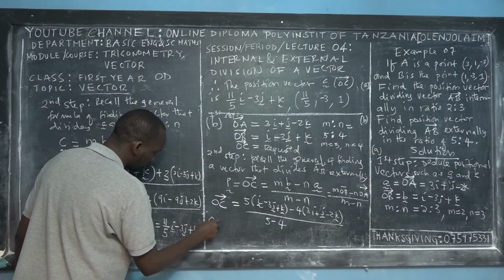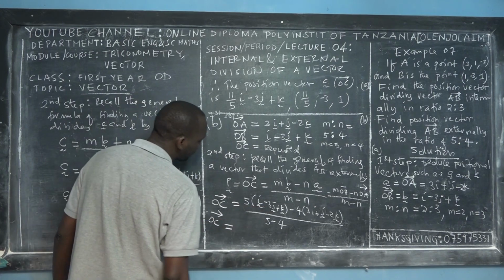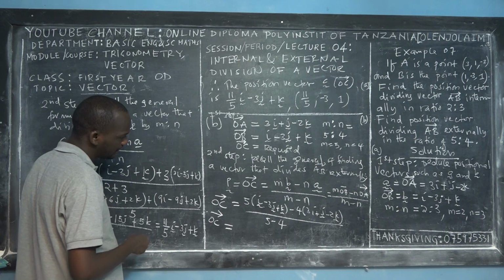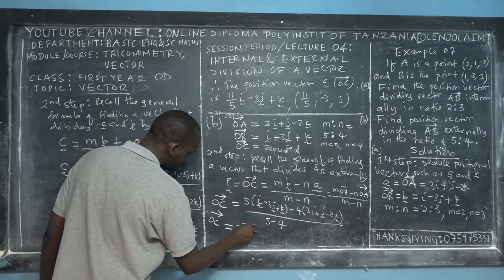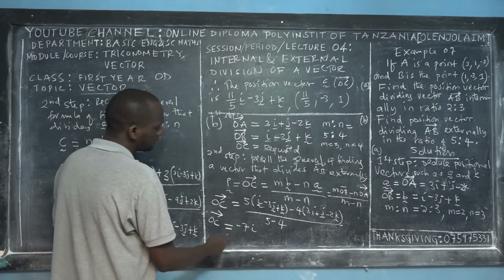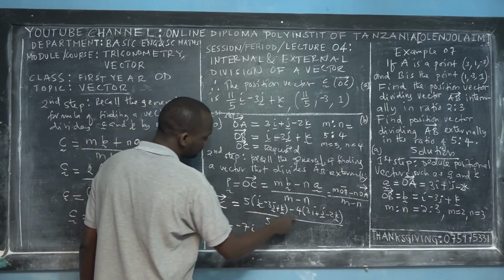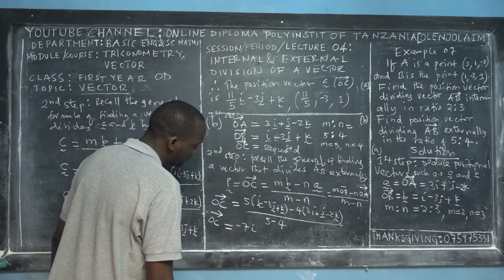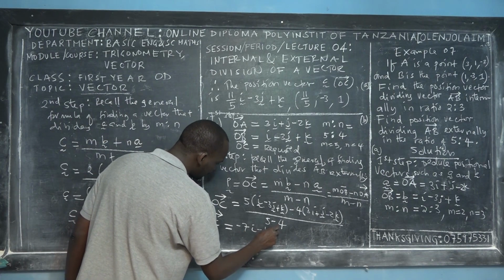So positional vector OC: 5 times i, 5i, minus 12i. The answer is minus 7i. Then 5 times negative 3j is negative 15j, minus 4j, so negative 15 minus 4j is equal to negative 19j.